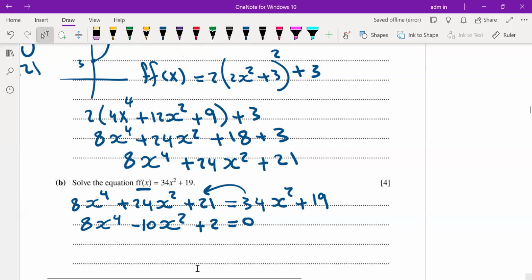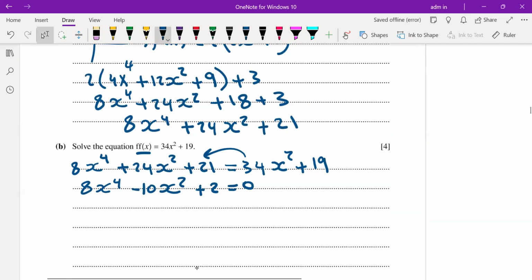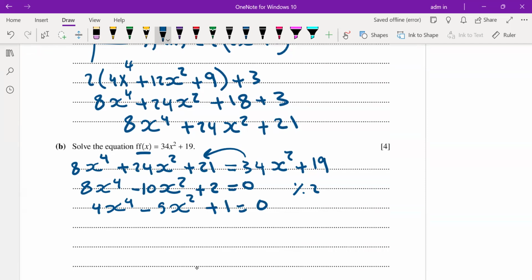Now, this quadratic equation, you can simplify it more by dividing by 2 or by taking the 2 outside. When you divide it by 2, it's 4x to the power of 4, divided by 2 will be 5x squared, divided by 2 will be 1, is equal to 0.